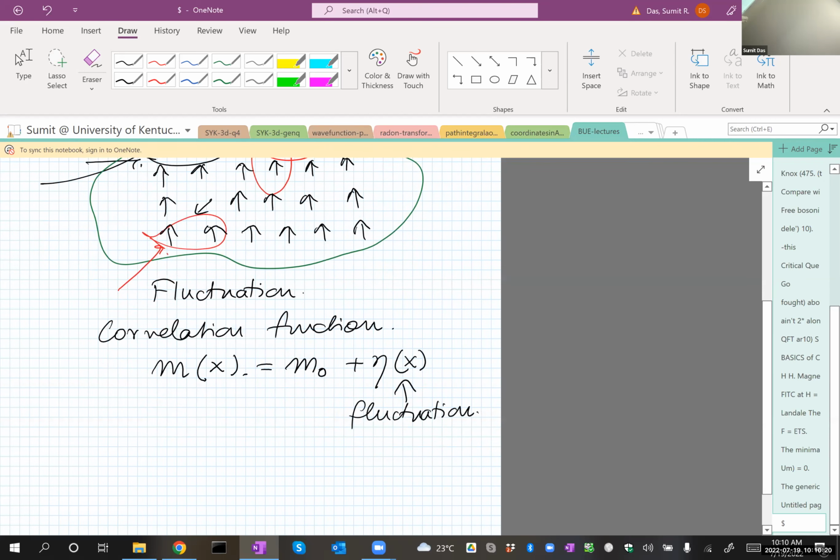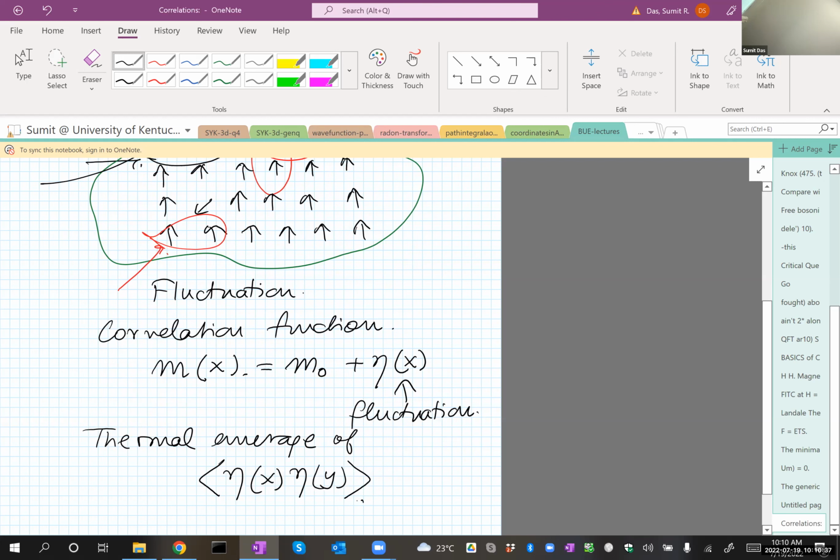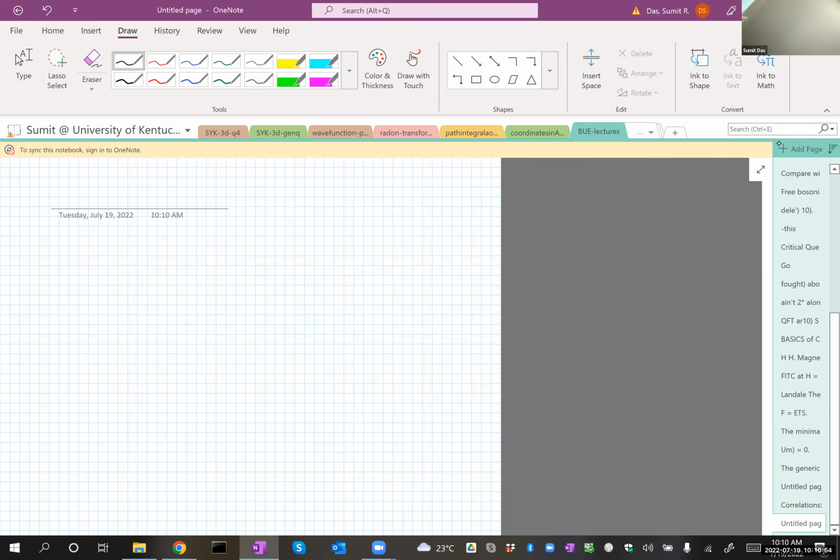And what you measure is the thermal average of eta of x and eta of y. If you're not familiar with this statistical mechanics terminology, don't bother. Just rest assured, there is a quantity which measures this kind of correlation between points which are far separated.